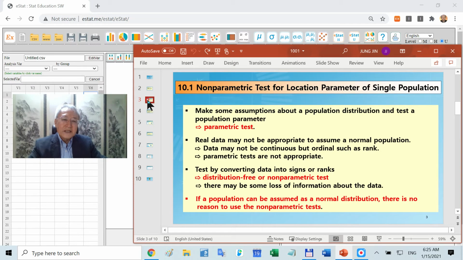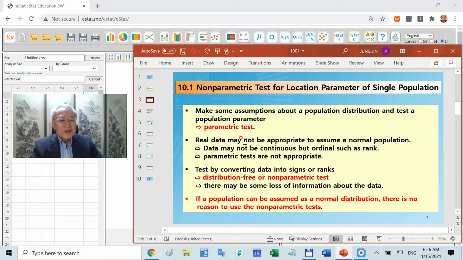What is parametric test and non-parametric test? When we discussed chapter 7, 8, 9, we made some assumption about the population distribution, like a normal distribution. We call some test based on this kind of assumption a parametric test.